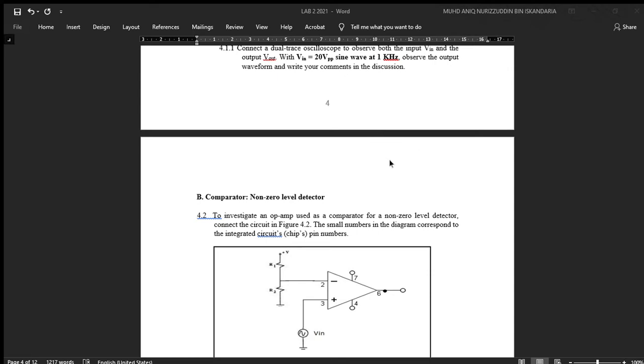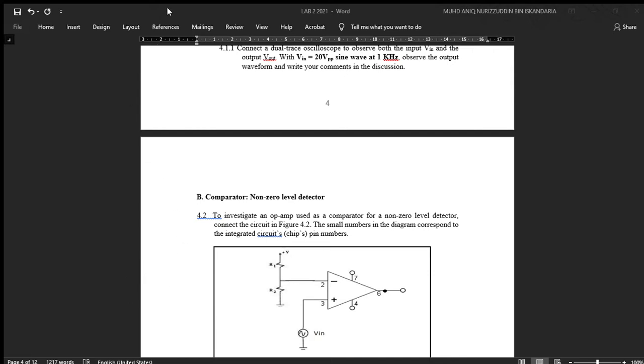The value has increased from 10 volt to 13 volt. Actually it should be more, but because we are using the 50 volt, the output is cut off at less than 50 volt.